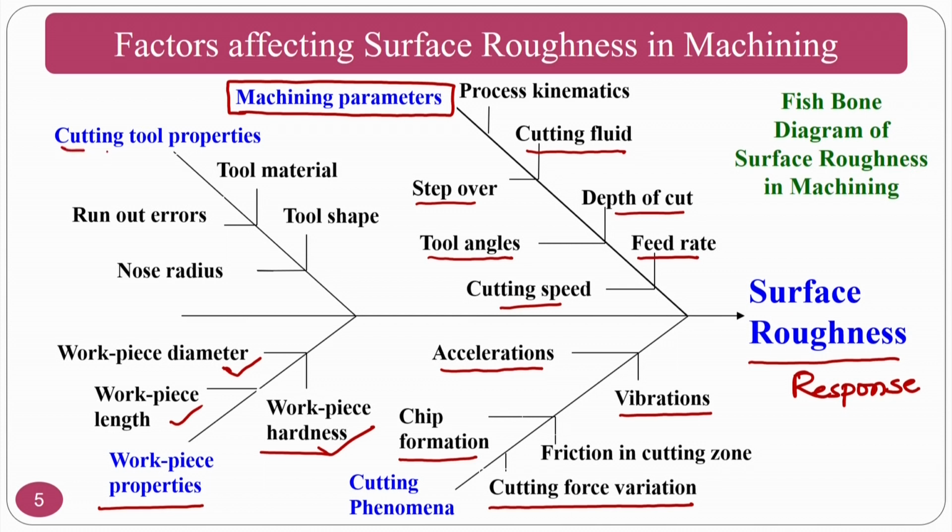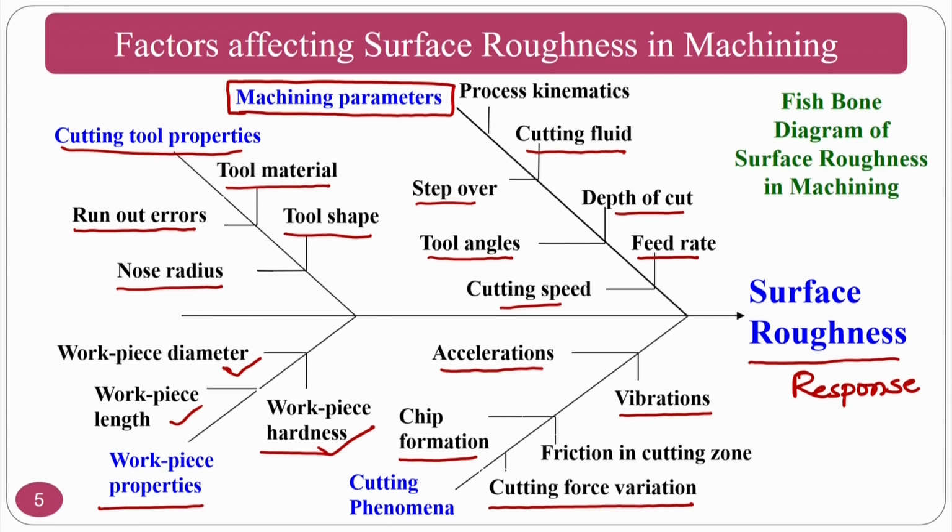Cutting tool properties is another parameter that one can vary, that is the tool material, whether it is HSS, CBN, cermet or something, tool shape, whether positive or negative, whether the nuts are there or not on the tool, and nose radius, whether I am going to use 0.4 or 0.8.